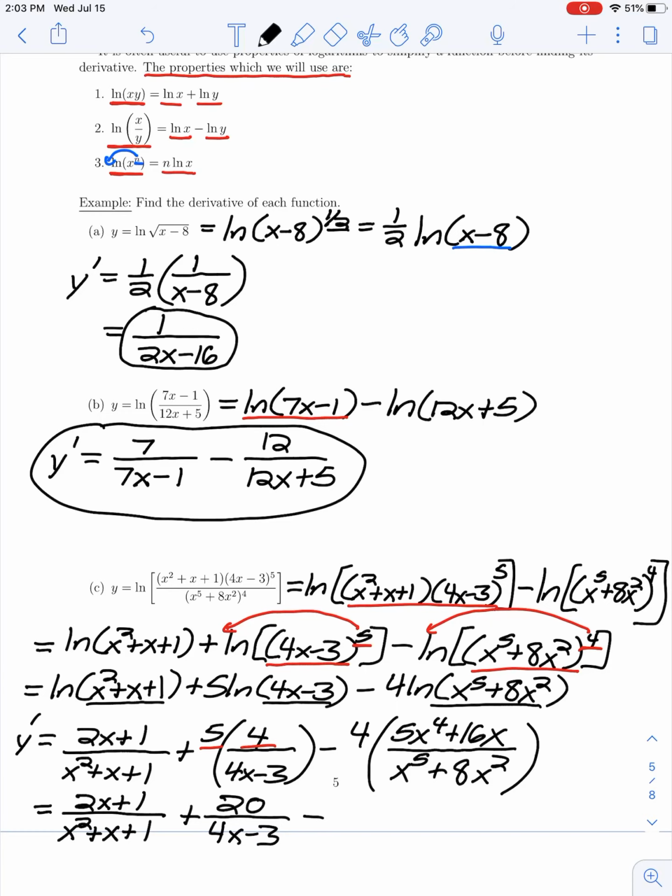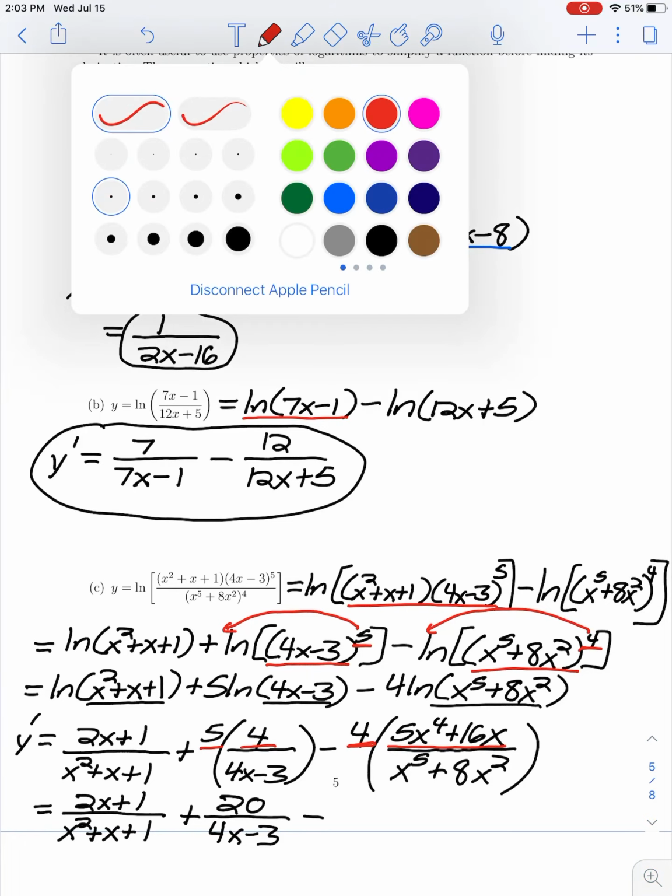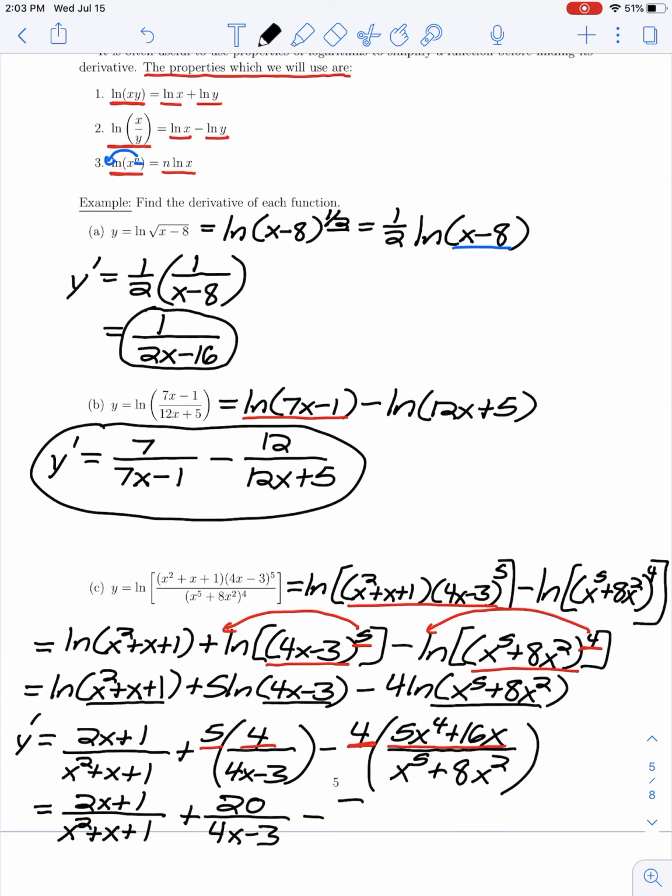And then we have a minus, if I distribute this constant 4 through to the numerator, I have a 20x to the fourth plus 64x over x to the fifth plus 8x squared.